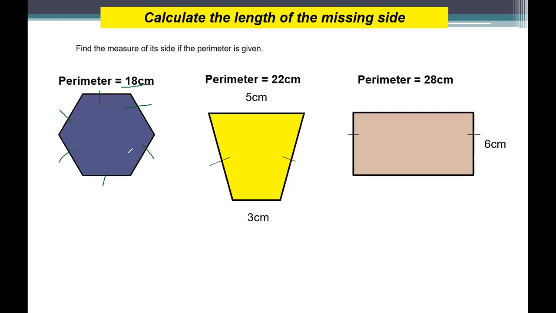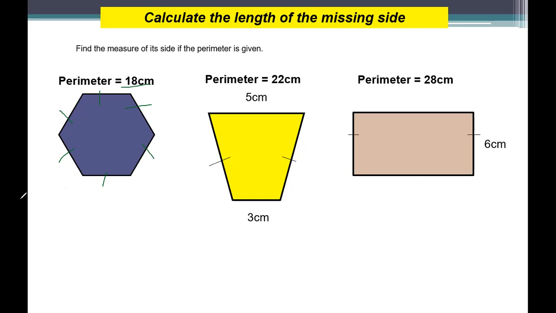Now, if all the sides are equal and the perimeter is given, what do we do? Remember my example before, that you will just multiply the number of sides and the measurement of one side. But what do we do here?